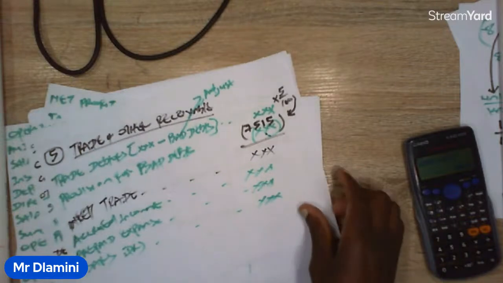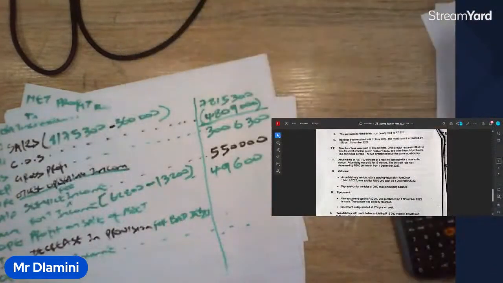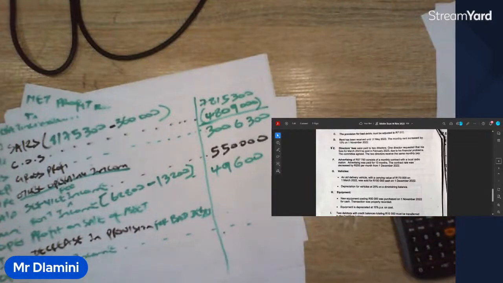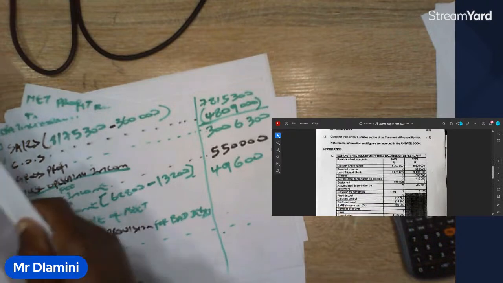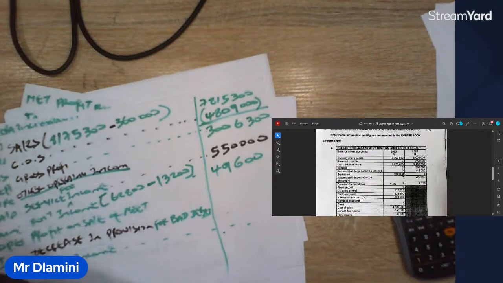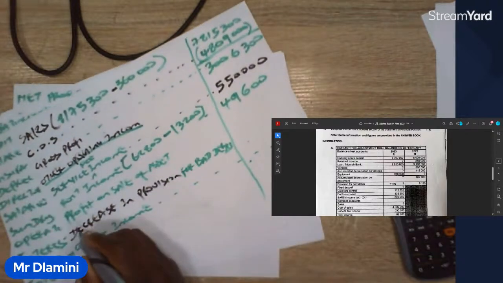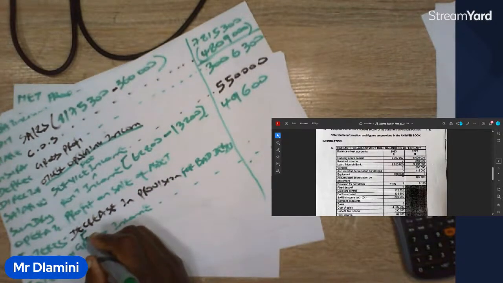Okay, so now let's go on information A for comparison. Let's go to page 3. On page 3, we are given the provision. What is our provision for bad debts?